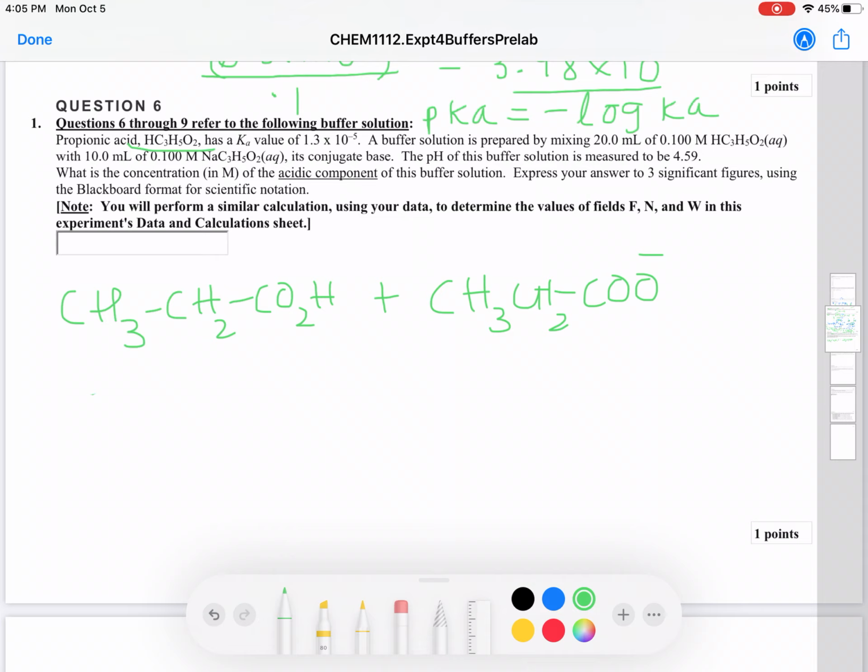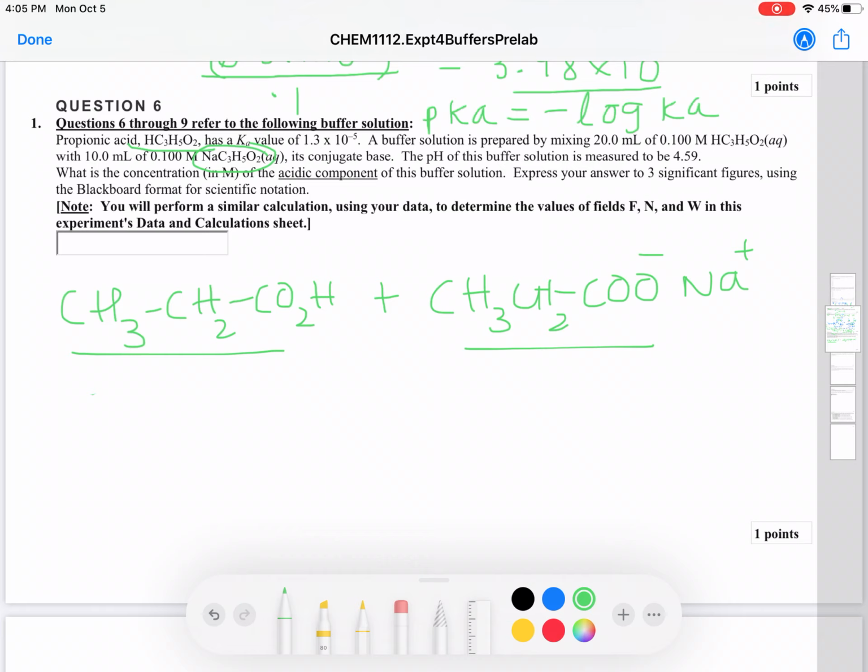The conjugate base cannot be by itself, so you need to have its counter ion. So this comes as sodium propionate with sodium ion, like that. Now with these 2 components, we can make a buffer. We have the acid and the conjugate base.